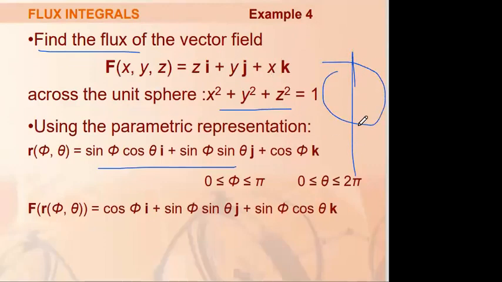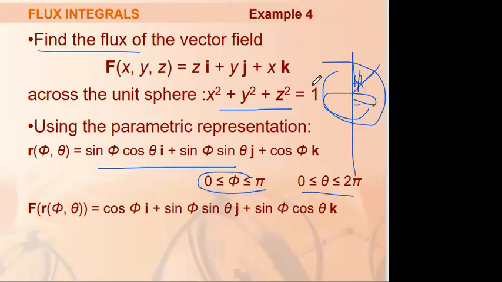So this is your angle. Let's say phi varies from 0 to pi. And theta, this angle, we can rotate a full circle. And the radius is 1.